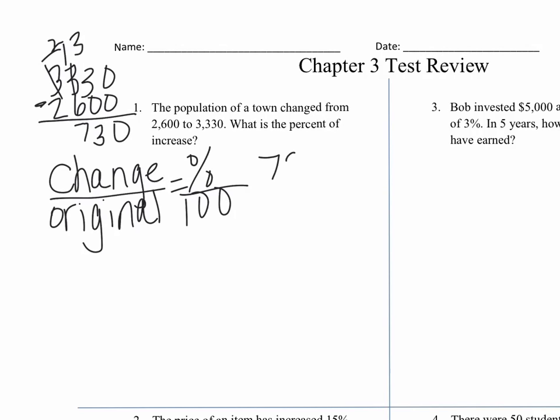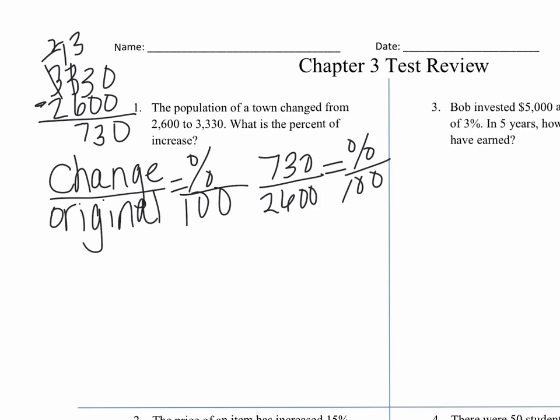You will now take the change, 730, and put it over the original. The population of the town was originally 2,600, equal to the percent, which is what you're looking for, out of 100.